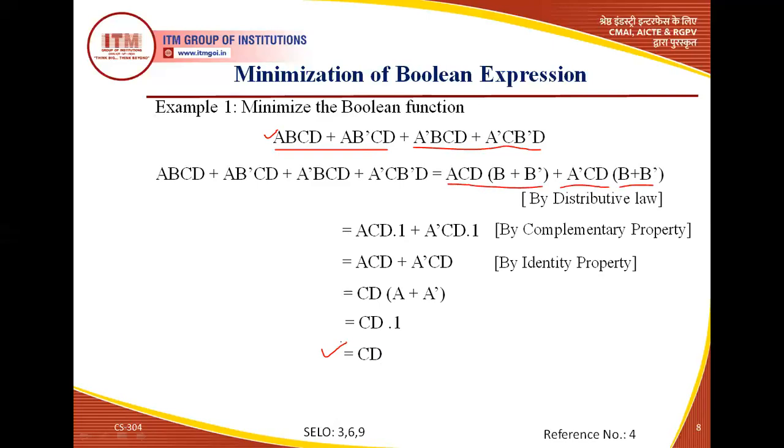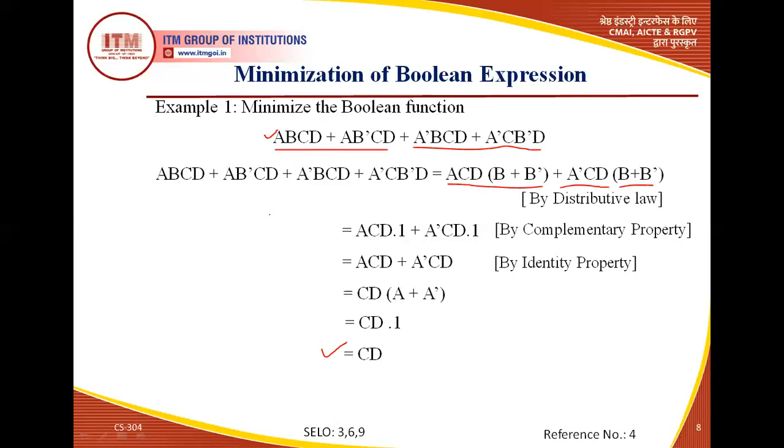If we want to realize this function, we use 4 AND gates and 1 OR gate, and these AND gates are 4 input. Okay, and when we want to realize this function, we simply use one 2 input AND gate and apply the inputs C and D, and get the same result which is generated by this equation. So that is the advantage of minimization of a Boolean function.